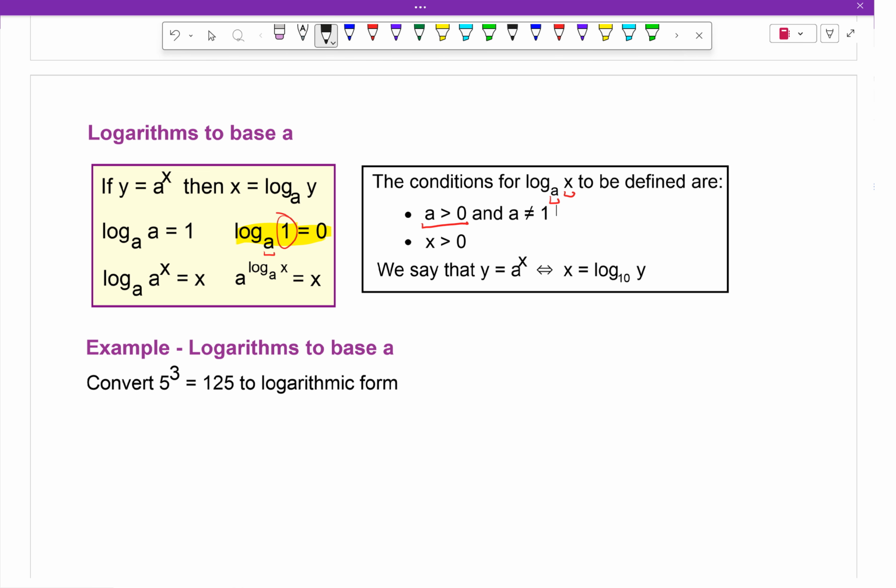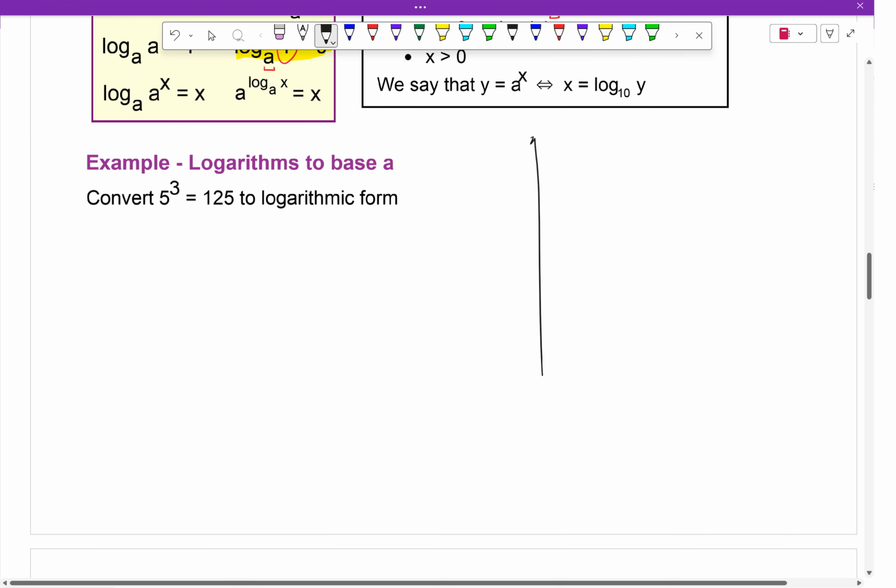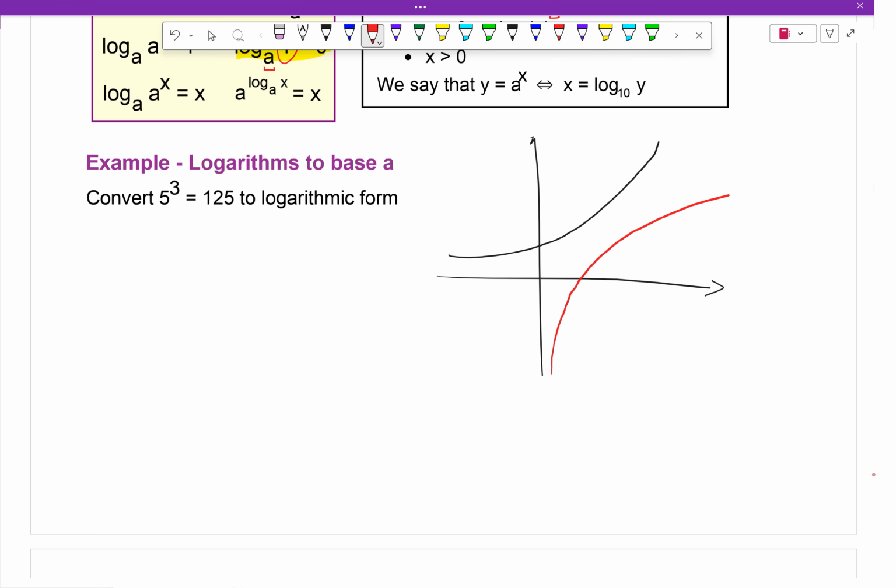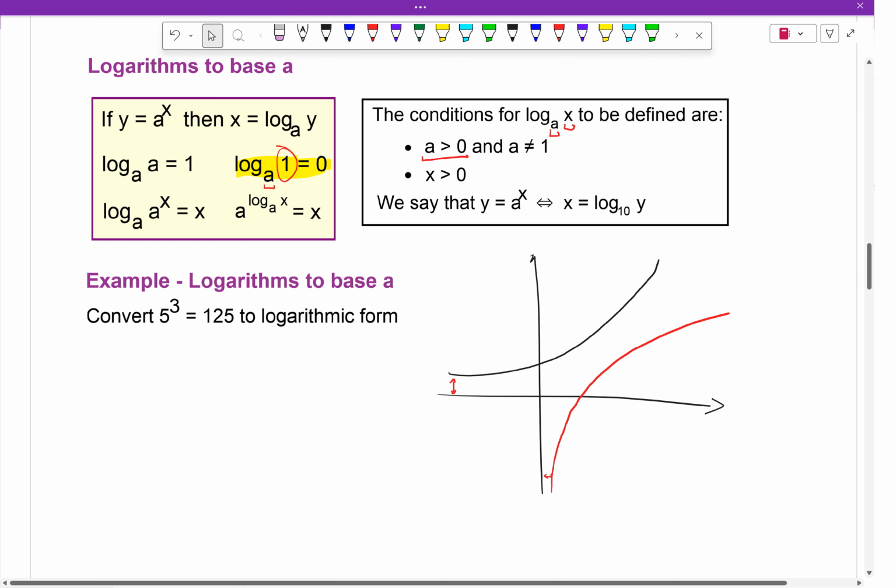Because on our graph, if I were to draw the exponential, it looks like this, but the logarithm looks like this. And what we realize is that here it can never reach, so it's the same as this one. So that results in x must be bigger than 0. Of course, this is considering the positive case; if it is reflected or a negative case, then it might be different.